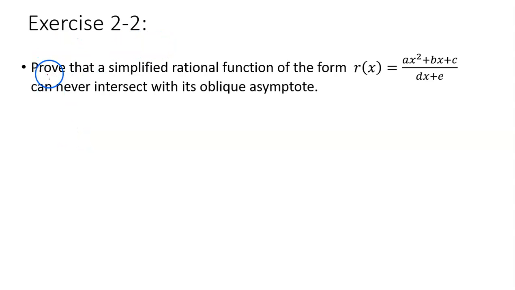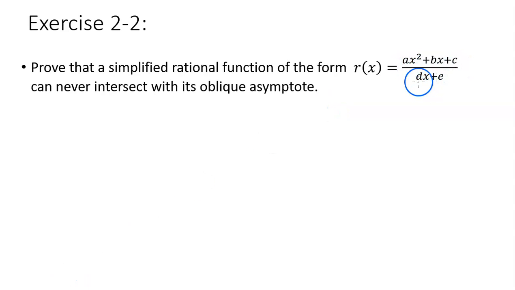Exercise 2.2. Prove that a simplified rational function of the form r of x equals ax squared plus bx plus c divided by dx plus e can never intersect with its oblique asymptote.